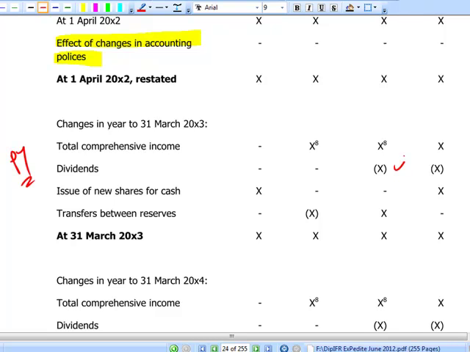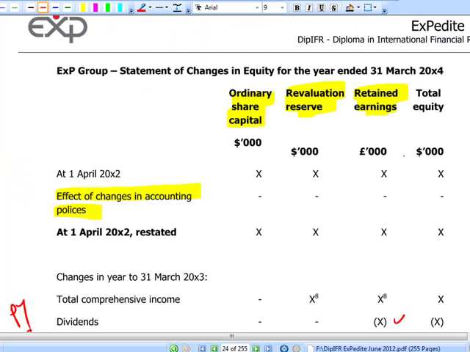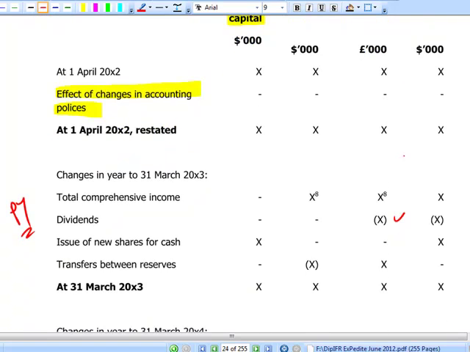What would that mean? For instance, here we're moving something from revaluation reserve to retained earnings. And pay attention in the exam, sometimes the examiner may want you to produce this transfer, which is the excess of depreciation based on the revalued amount over the depreciation that would have been based on the historical cost, from revaluation reserve to retained earnings.